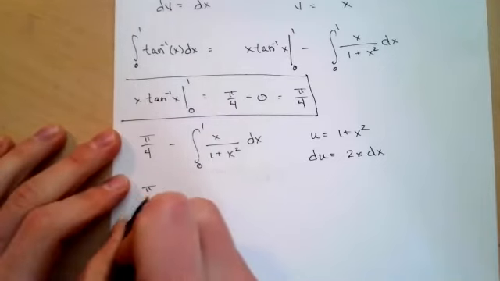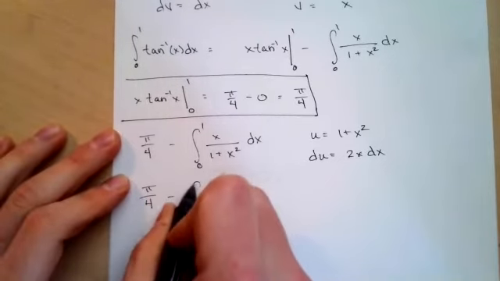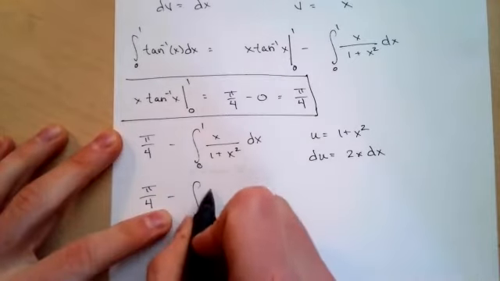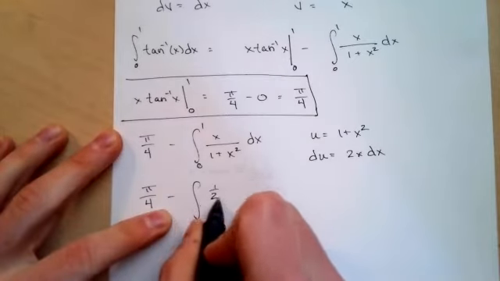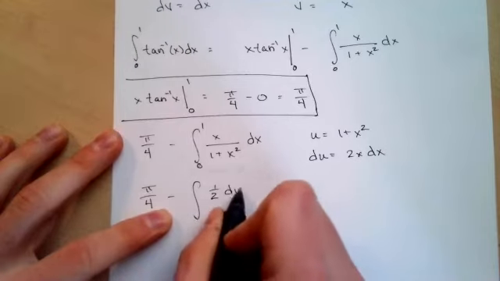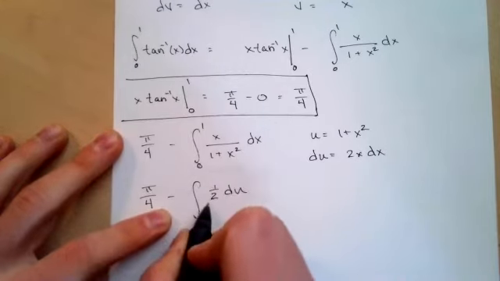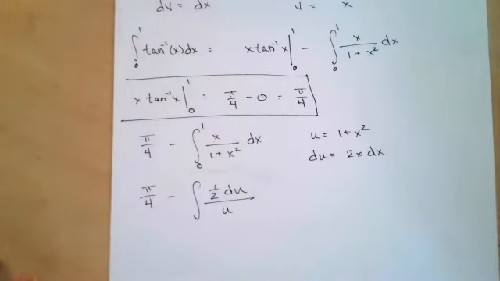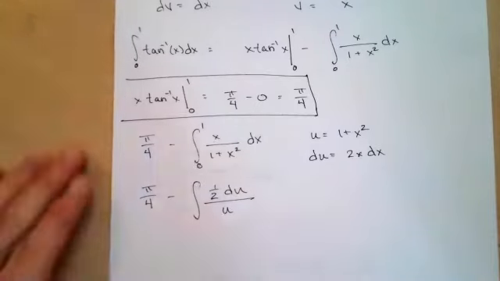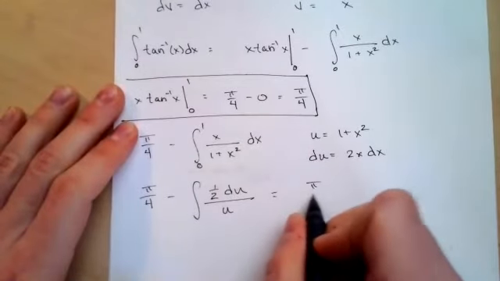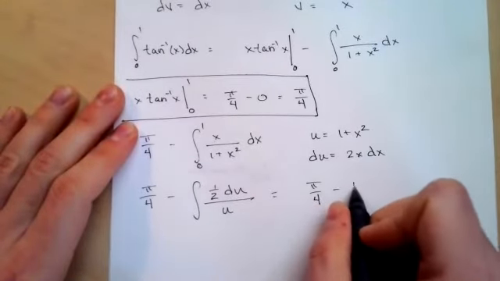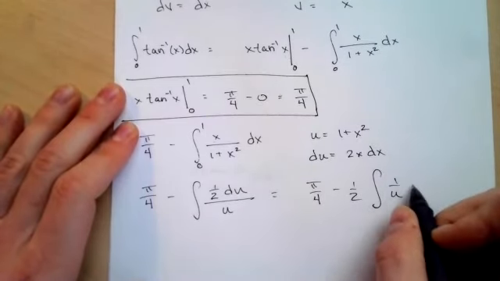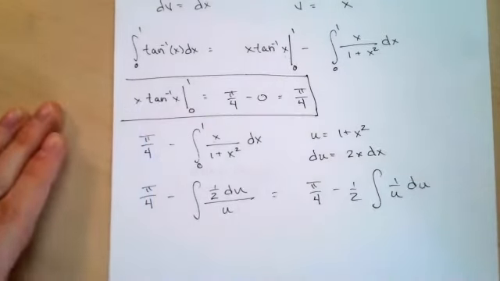So our integral is going to be 1/2 du, which gives me the x dx, and then the denominator is u. In other words, we've got 1 over u du.